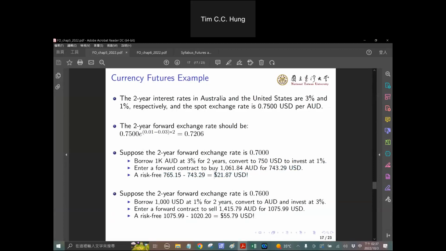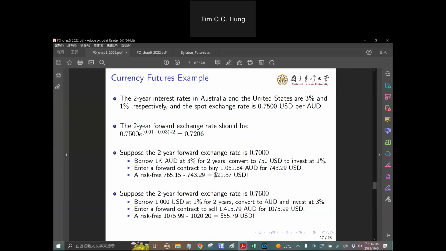Does that make sense? Let me rephrase it once again. We should expect the forward exchange rate in 2 years of an Australian dollar to a US dollar to be 0.72. That is the case according to our formula. But in reality, in our situation, the forward rate is undervalued.